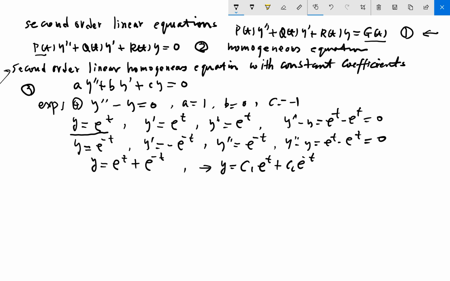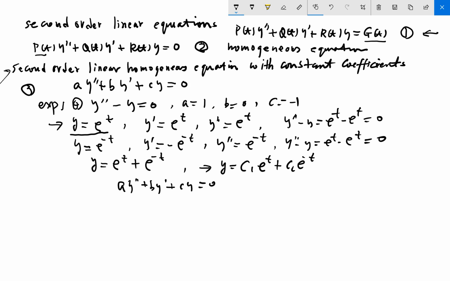Then you will ask, how do you know y equals e to the t is a solution? That's what we want to find out in this section. Let's go back to our general equation, a y double prime plus b y prime plus c y equals 0.